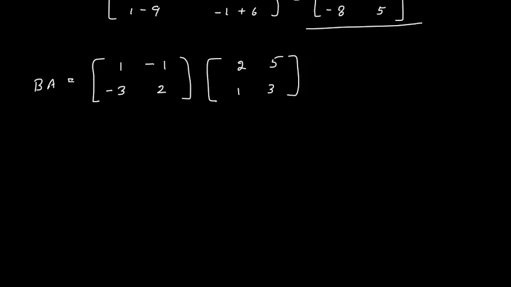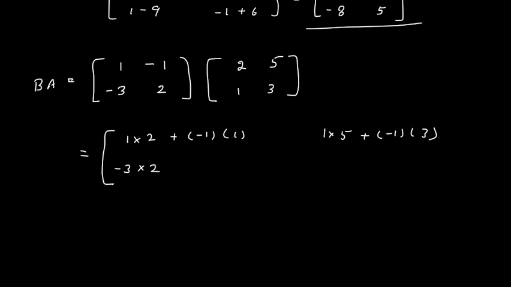So this is equals to, here in the same way, 1 multiplied by 2 plus minus 1 multiplied by 1. This is first element. Then 1 multiplied by 5 plus this minus 1 multiplied by 3. In the second row it is minus 3 multiplied by 2 and plus 2 multiplied by 1.